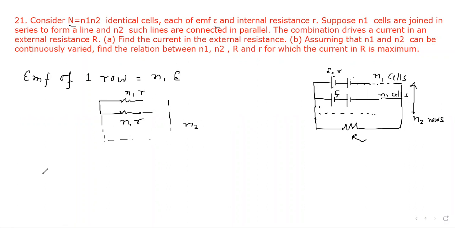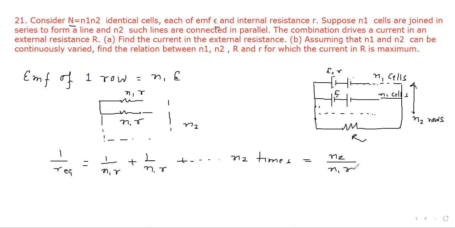So for the equivalent resistance, 1 upon R equivalent will be 1 upon N1r plus 1 upon N1r plus dot dot dot N2 times, which will become N2 divided by N1r, or from here R equivalent will be N1 upon N2 times small r.